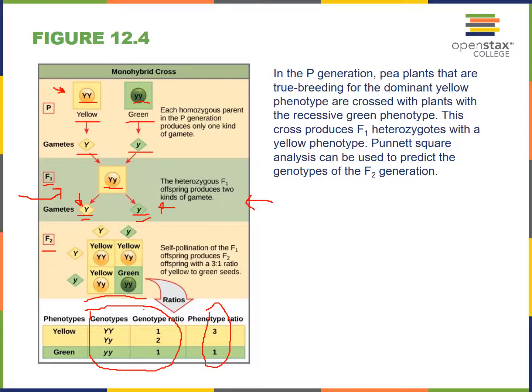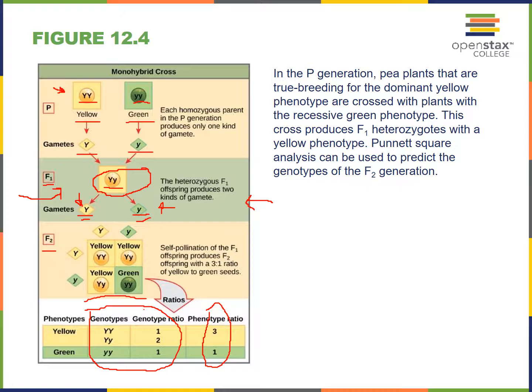So what dominance means is that if you have at least one copy of the dominant allele, that is the phenotype you see. You see the dominant phenotype. So the dominant allele here encodes for yellow colored seeds.